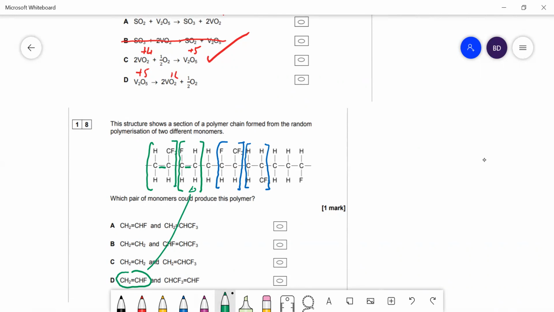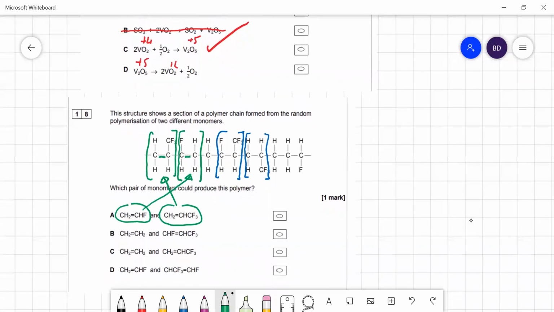No, that one is not that other one, so that's not it. This is the one. That is the one there, and that is this one. So A is the right answer. It's quite fiddly looking at that. There's fluorines everywhere. It'll take quite a long time, but A is the right answer there.